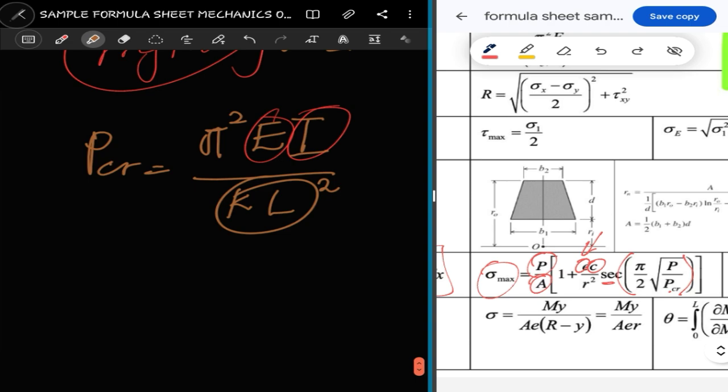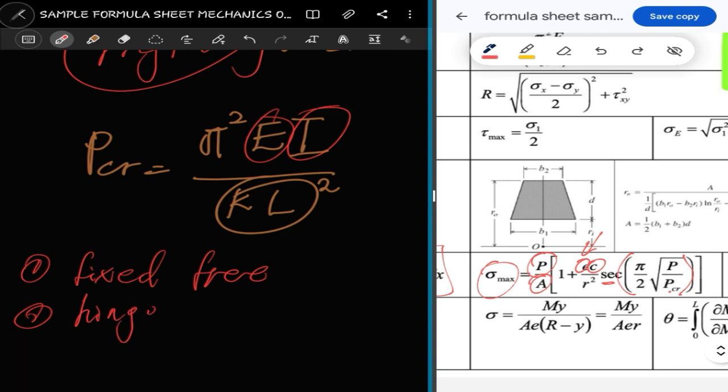So if you are given end conditions, let's take the four common end conditions to see what happens for the PCR. One is fixed and free. The other is both hinged.